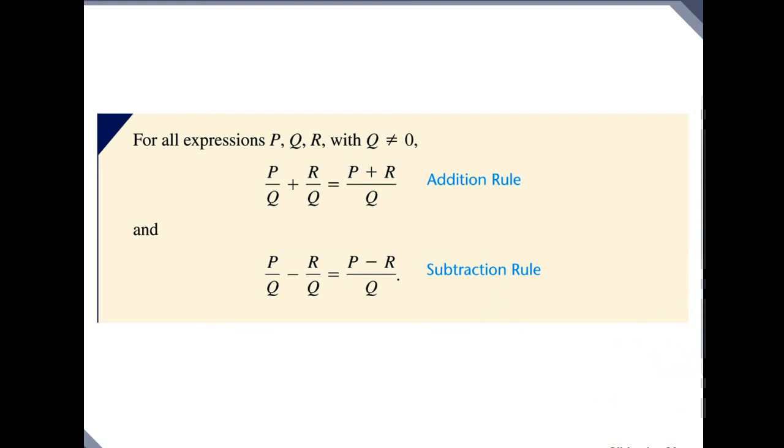And I'll make it easy so you can see the process. So we have, let's say, 3/5 plus 2/3. Now, those are not like denominators.